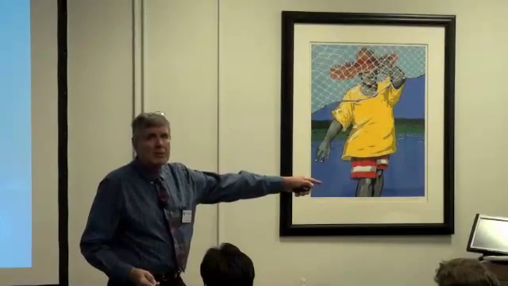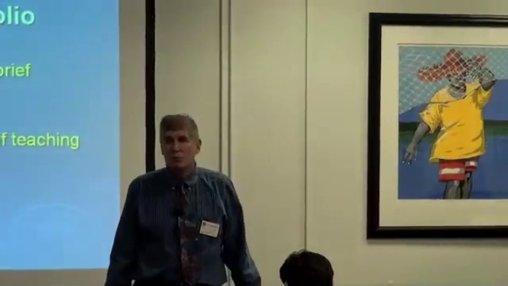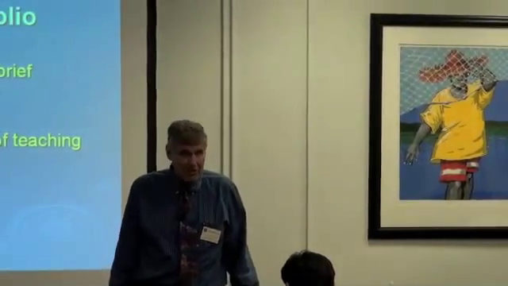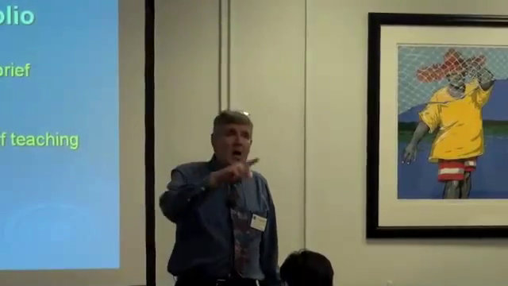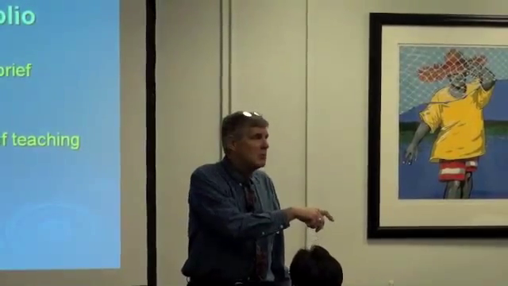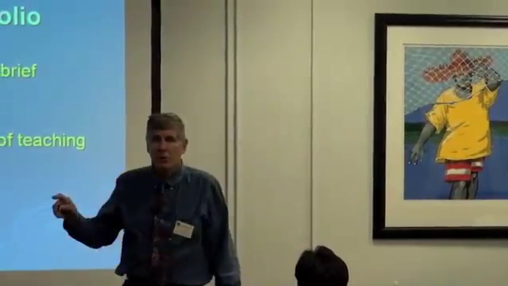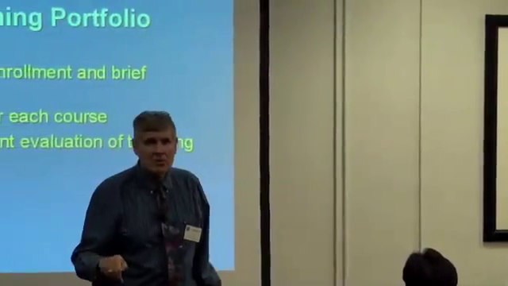So look at all of your evaluations. Every course at the University of South Carolina must have evaluation forms from students at the end of the semester. Correct? It is the job of the departments to keep those evaluations.